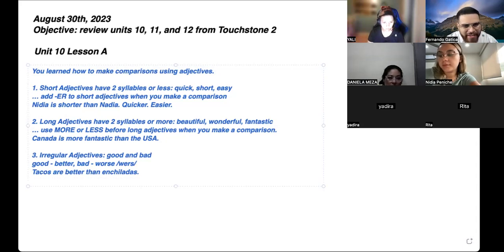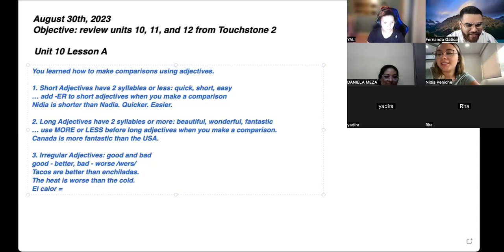How do I say el calor es peor que el frío? Heat is worse than the cold. So remember, el calor. El calor o la calor? El. So el calor is the heat and el frío would be the cold.